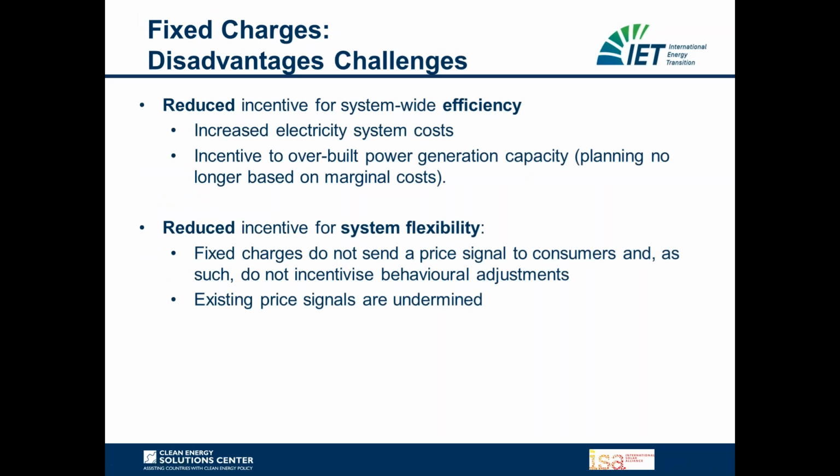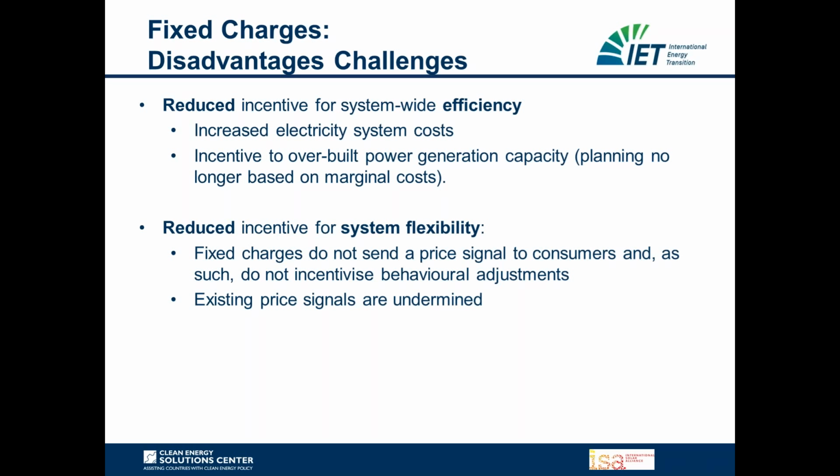However, and this is also already the introduction to the second session on rate design, where we look at some smarter ways of designing rates, there's quite a large number of disadvantages related to fixed charges. First of all, they reduce incentives for the overall efficiency of the electricity system, which might actually increase the electricity bill altogether for everyone.